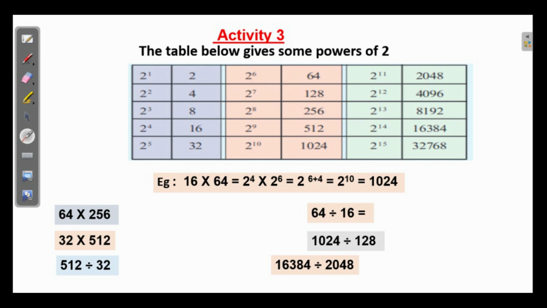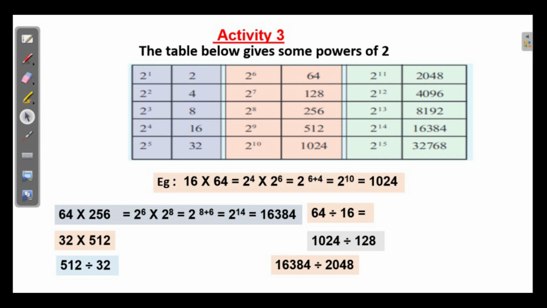So 2 raised to 4 into 2 raised to 6 is 2 raised to 4 plus 6, or 2 raised to 6 plus 4, which is equal to 2 raised to 10, which is equal to 1024. And the second problem also we can do in the same way.